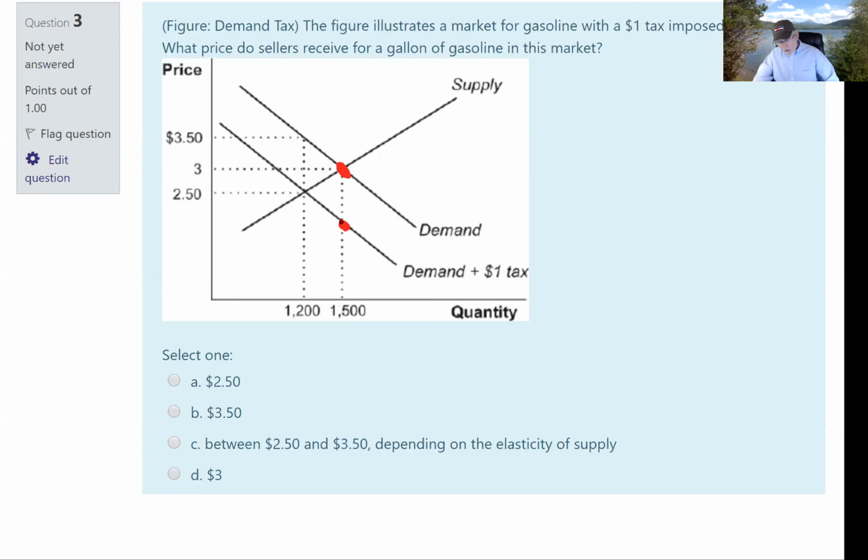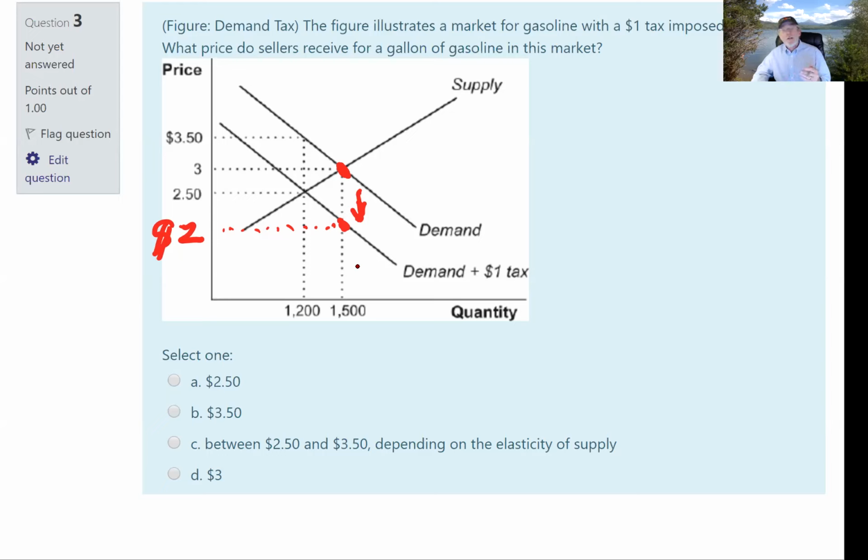The most they're willing to pay for that last unit is $2. So because of the tax, the demand curve has shifted down by the amount of the tax. Just as with supply, if the tax were on the producer, supply would shift up by the amount of the tax. So the tax shifts the demand curve down.